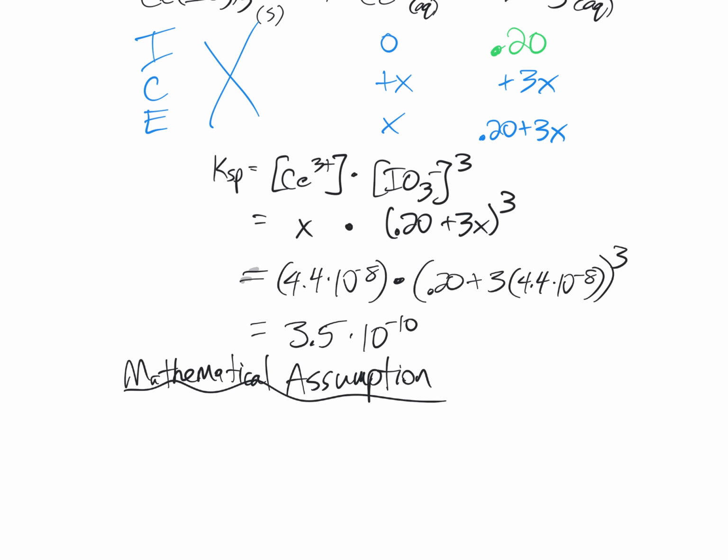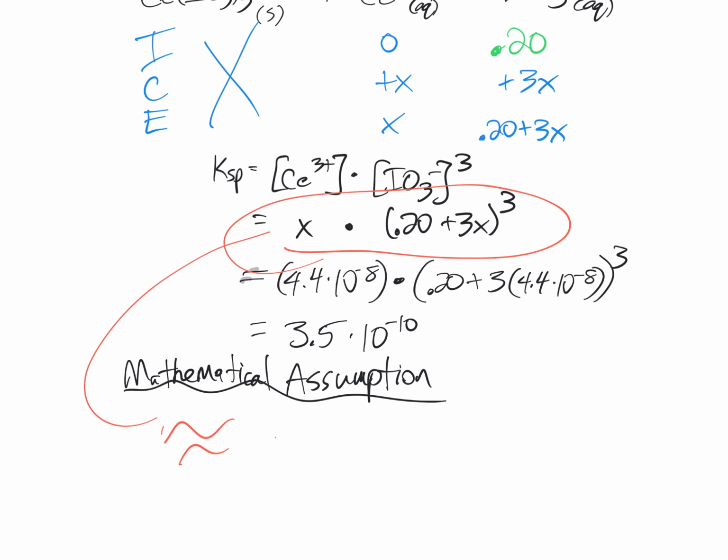In other words, what if we had said at this point, all right, this is roughly equal to x times, instead of writing 0.2 plus 3x, I'm just going to say it's pretty close to just 0.2. I'd still cube everything. Well, okay, let's plug in the solubility that they gave us, 4.4 times 10 to the negative 8th, and multiply by 0.2 raised to the 3rd power.